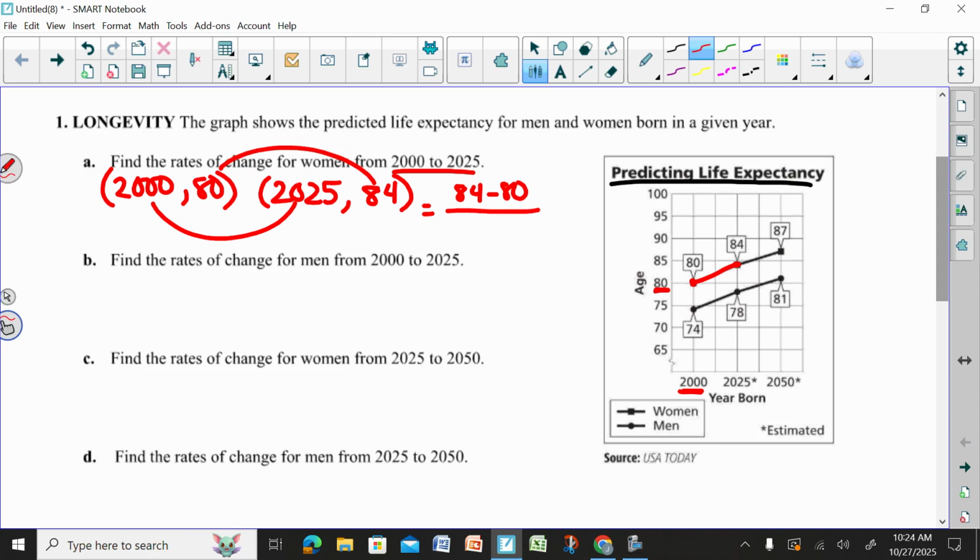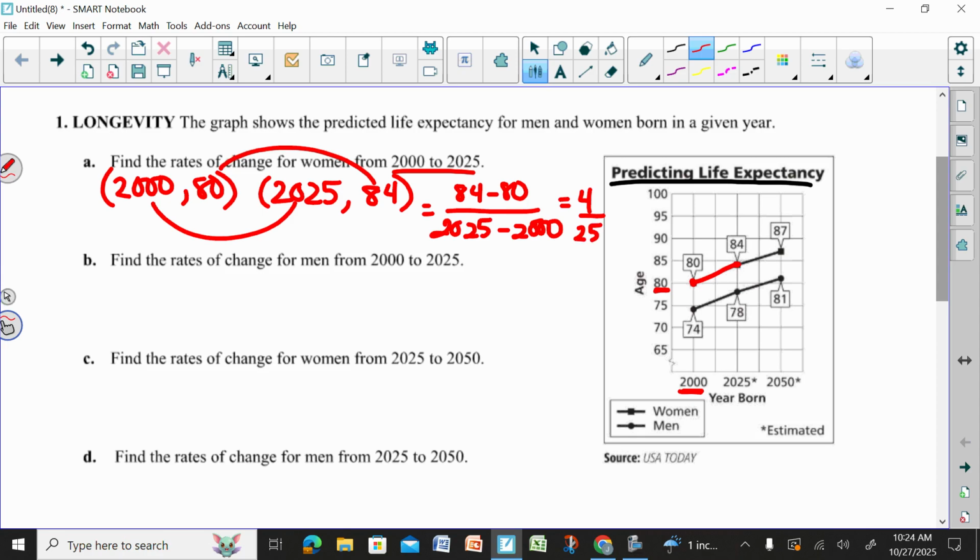And if I start with 84, then I have to put 2025, the year, on the bottom, minus 2000. That keeps everything positive. I know it's going to be a positive slope because the life expectancy went up. So 84 take away 80 is 4, and 2025 take away 2000 is 25.